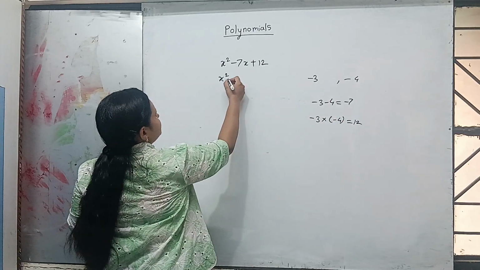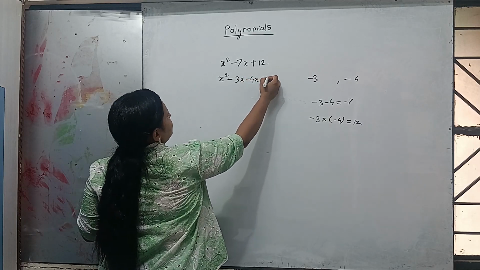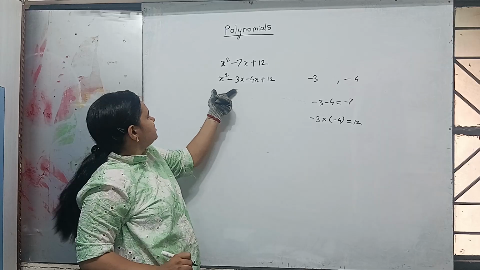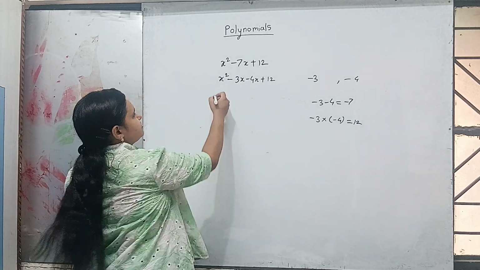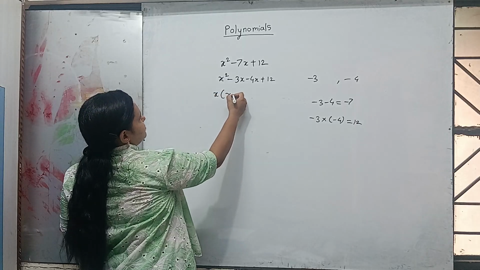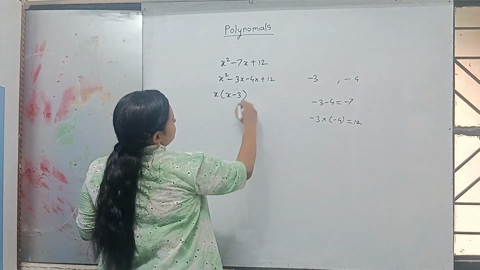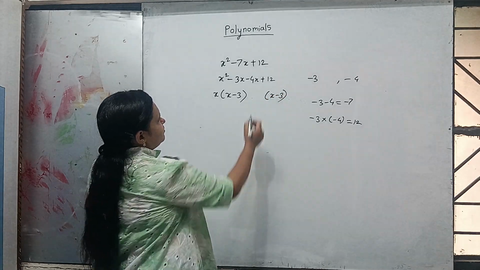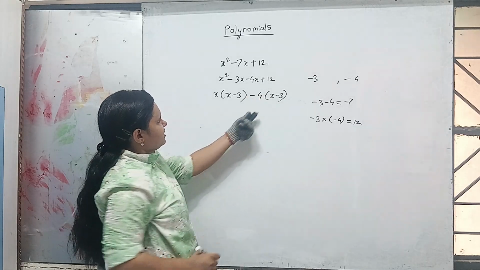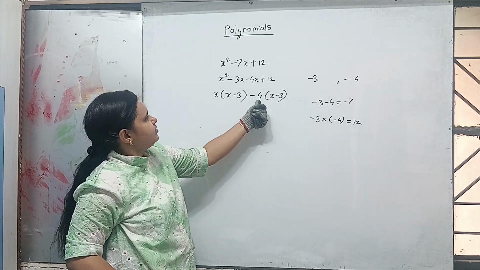So we are getting minus 3 and minus 4. We can split it as x square minus 3x minus 4x plus 12. So take x common from the first two terms: x in the bracket x minus 3. In the second bracket it will also be x minus 3. What we have common? Minus 4 we have common, and it will be minus 4x plus 12.